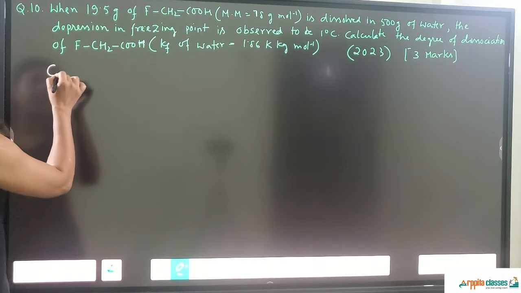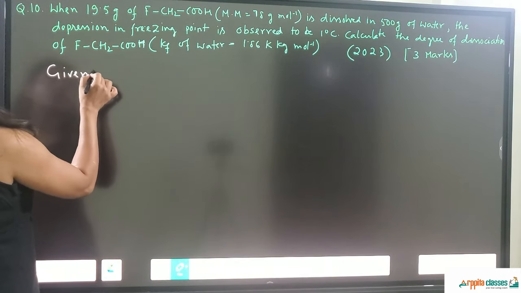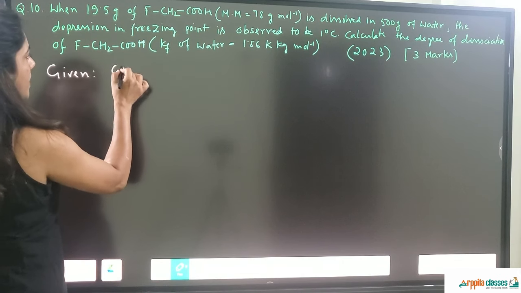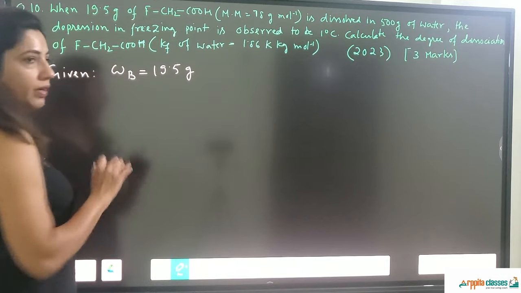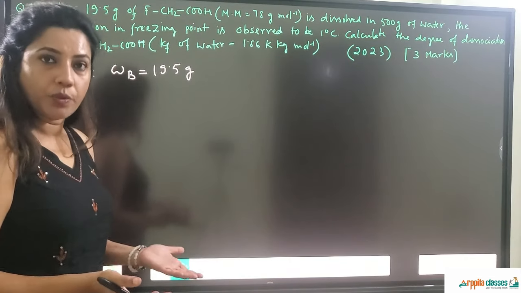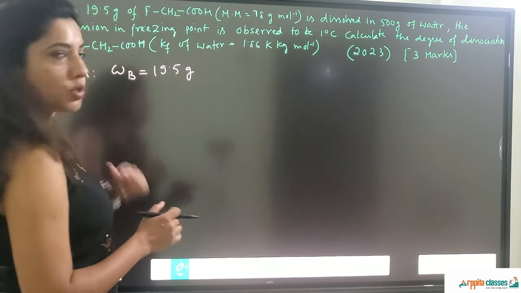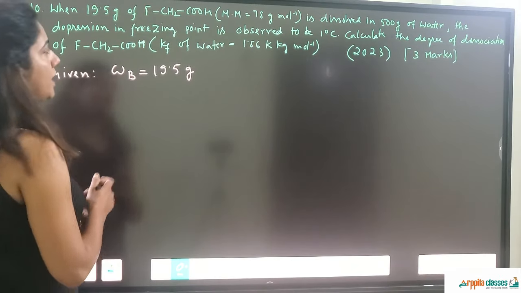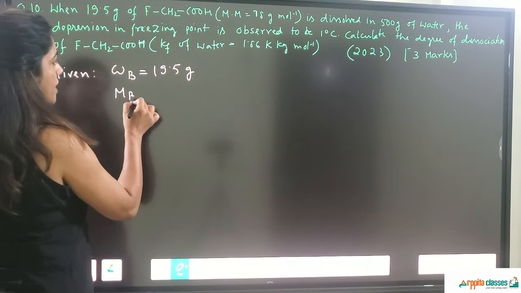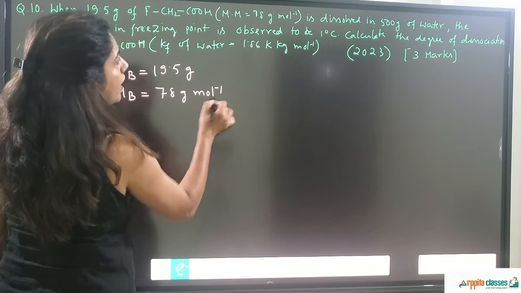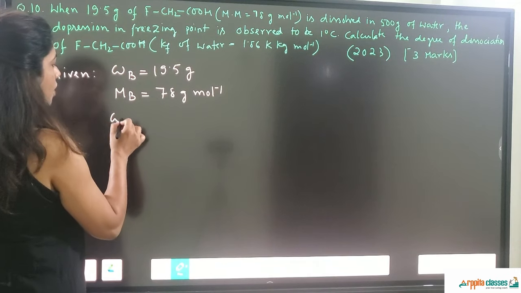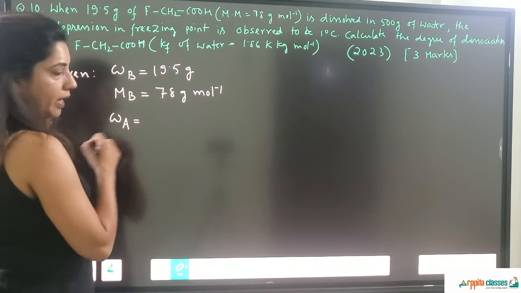So first we write down the given quantities. First, 19.5 gram is the weight of the solute. I feel that you know the denotation now for everything. So weight of the solute, that is WB, we should write like this. Molar mass of the solute, that is MB, is 78 gram per mole, dissolved in 500 gram of water, which is the weight of the solvent, WA.